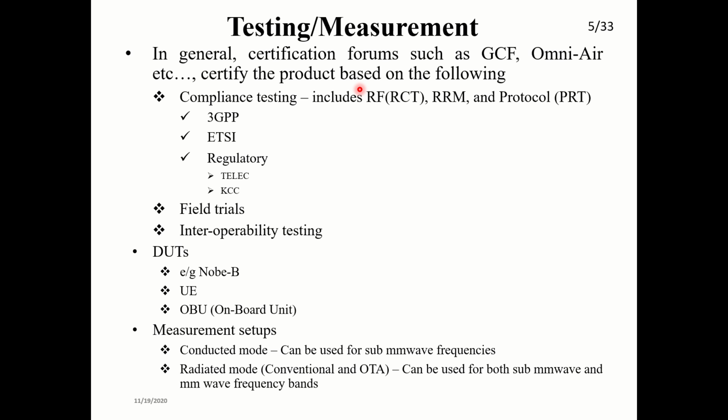They will have certain requirements. 3GPP is a commonly accepted basic criteria. Some certification bodies may accept 3GPP alone, while others may not. For example, Japan, Korea, or India will have certain requirements on top of 3GPP. Those requirements have to be met, otherwise your product will not be certified to sell in that particular country.